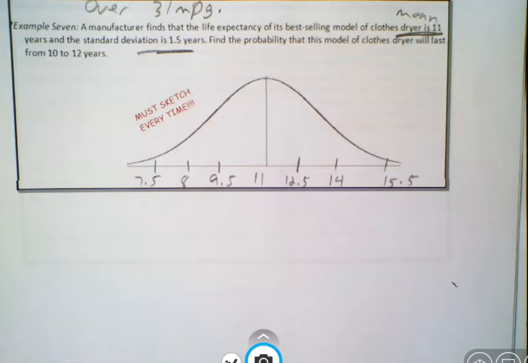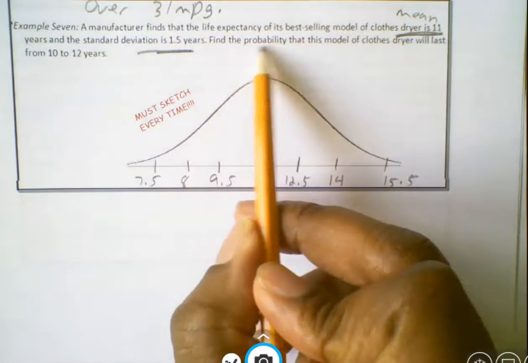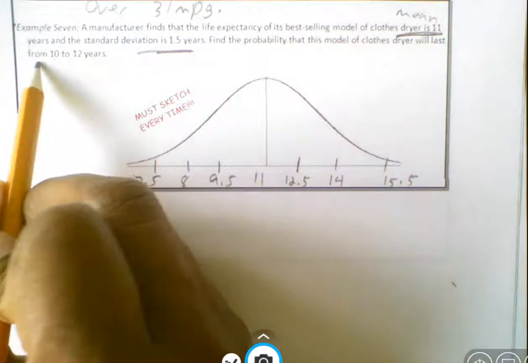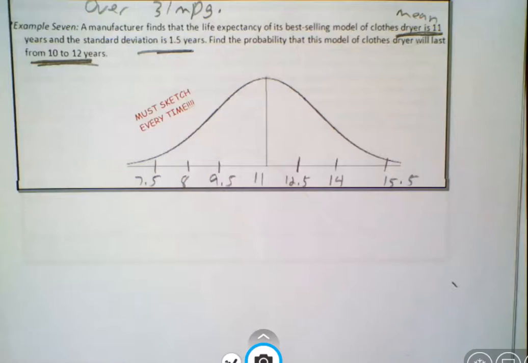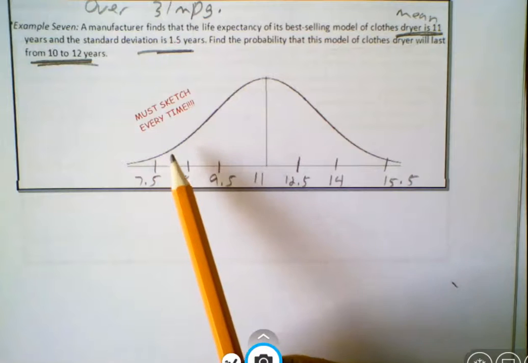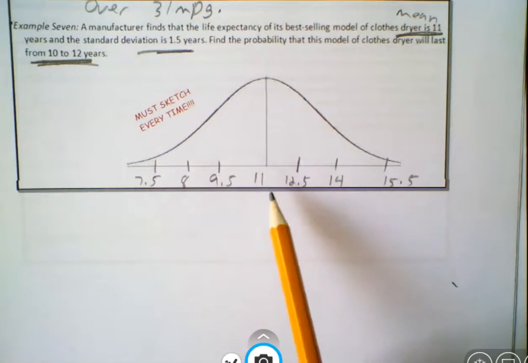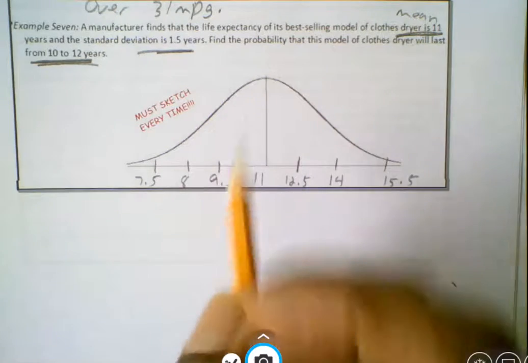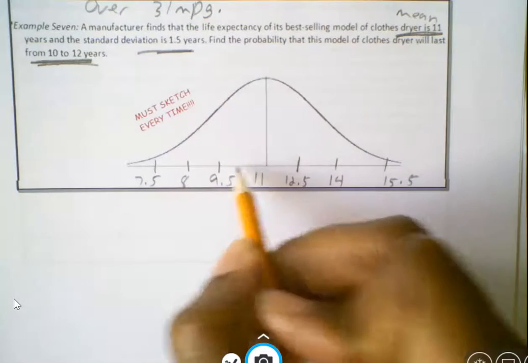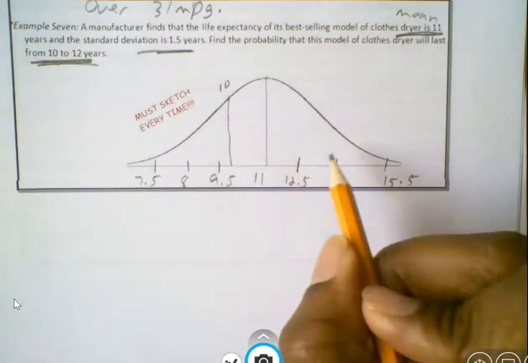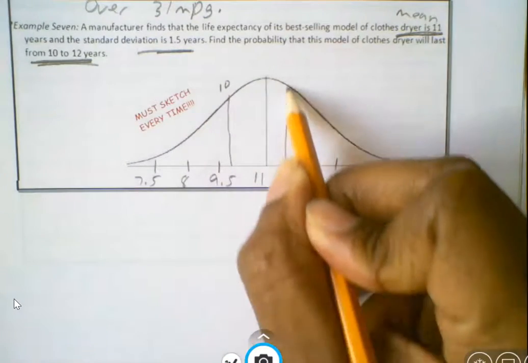Now let's actually put it to use. It says find the probability that this model of clothes dryers will last between 10 and 12 years. Every time you sketch this, notice that 10 and 12 are neither one of these standard deviations. 10 is probably around here, and 12 is probably around there.